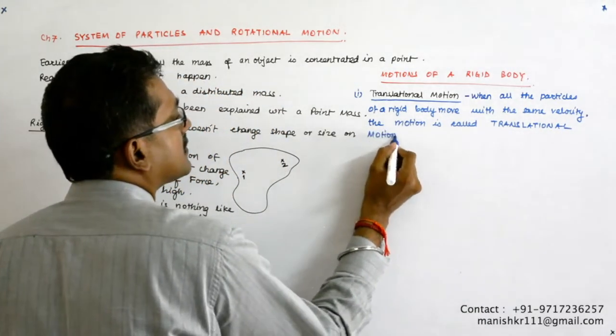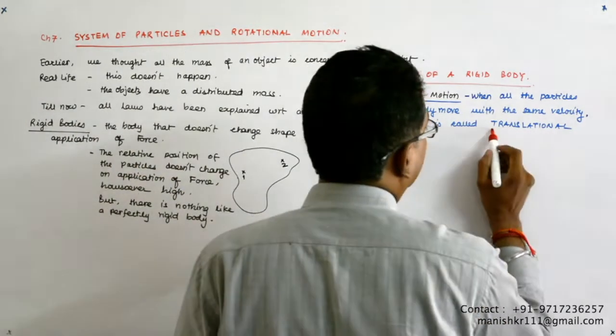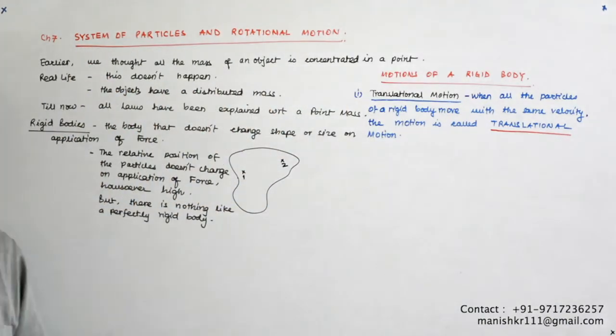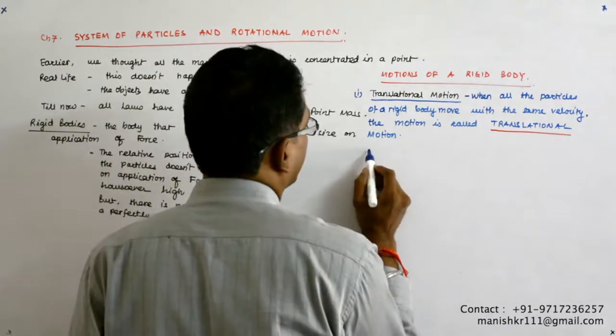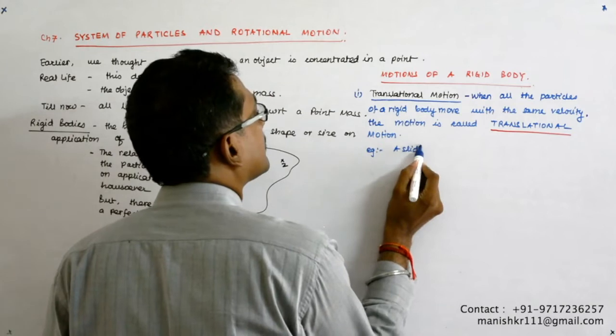Fine. It is called a translational motion. Important to understand. Example, a sliding crate.